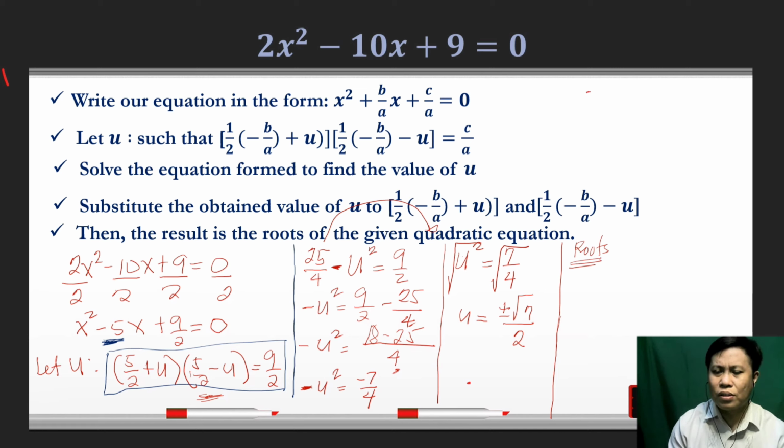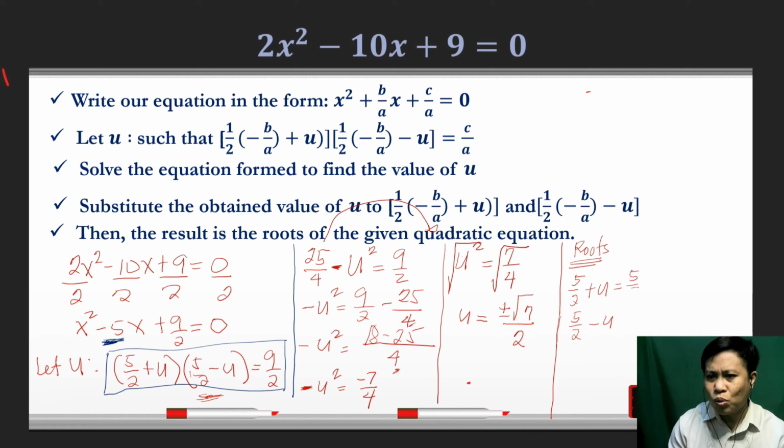So the roots are 5 over 2 plus u and 5 over 2 minus u. So that's the roots. All we have to do is to substitute now the obtained value of u.